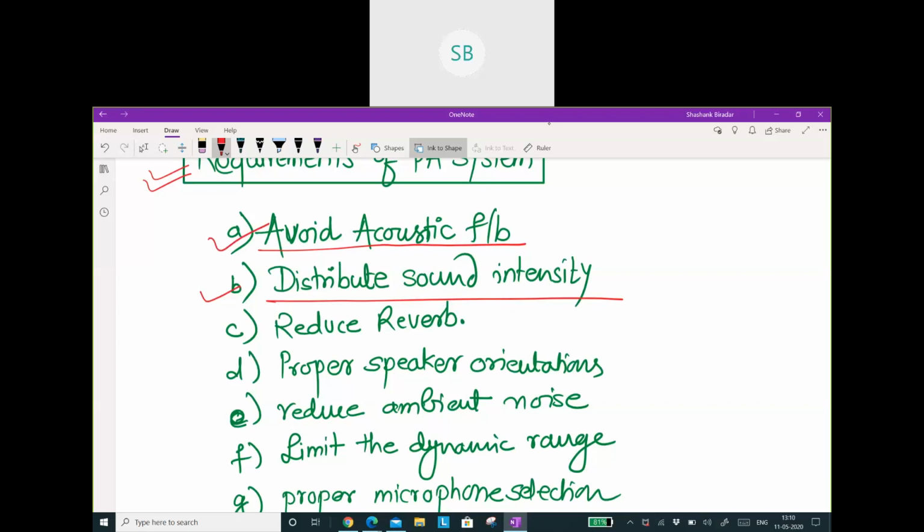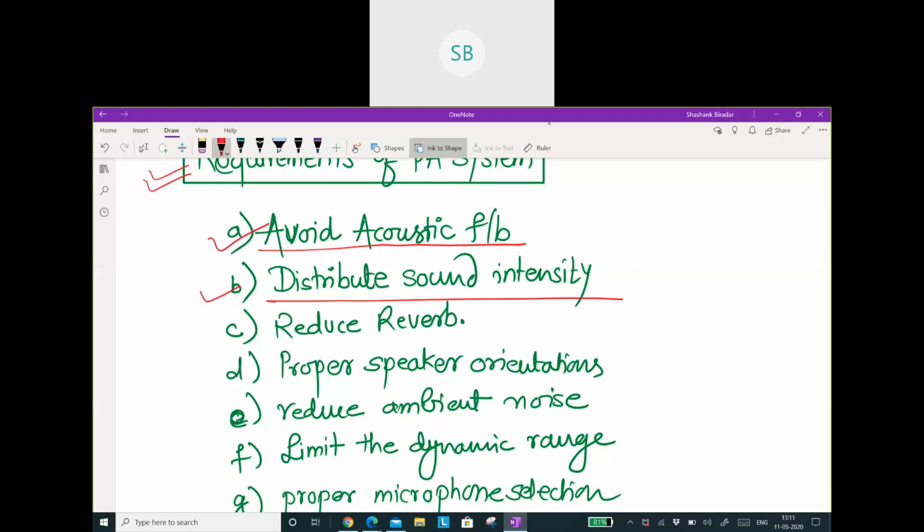You can use small loudspeakers spread over the area within which the crowd is accommodated. If you consider the auditorium, all the speakers are distributed throughout it, instead of having a big speaker near the stage.